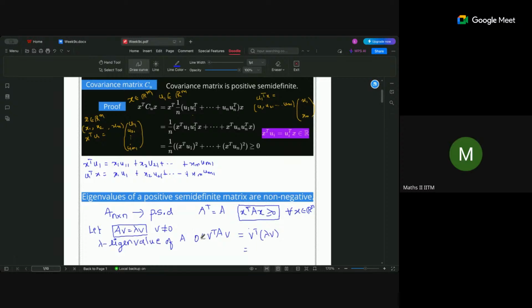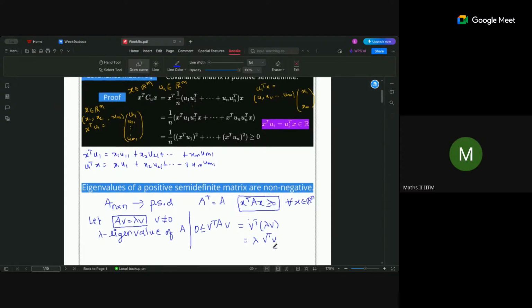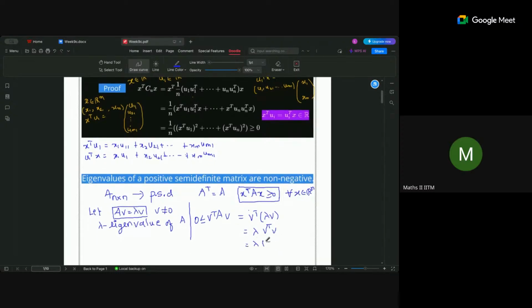We know that this is anyway non-negative already. So now this is lambda times v transpose v. And what is v transpose v again? Norm of v square, right? Inner product v comma v, right? So this is inner product v comma v, which is norm of v square.